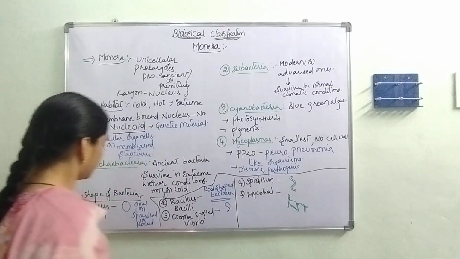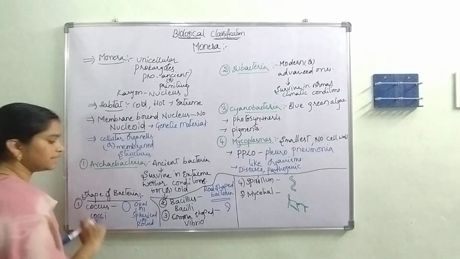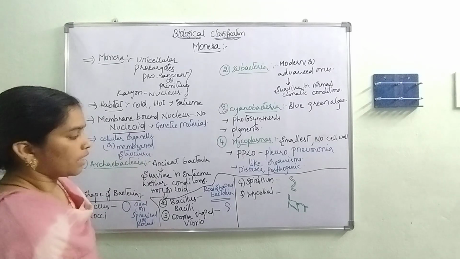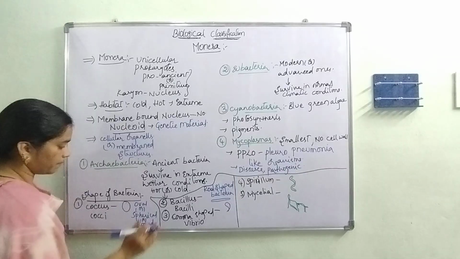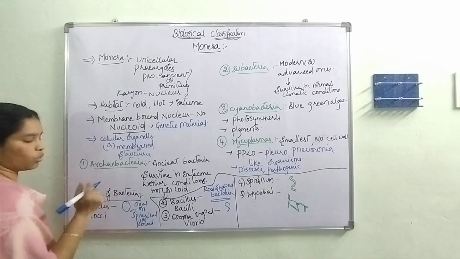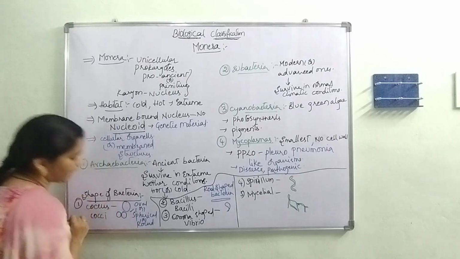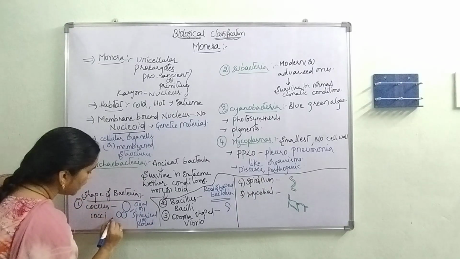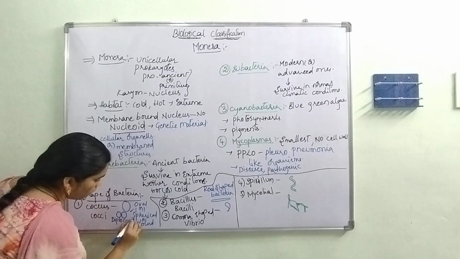Next, if it is a single organism, we call it coccus. If plural, cocci. If there are two round shaped bacteria, we call them diplococci.